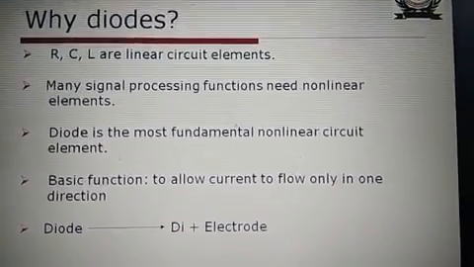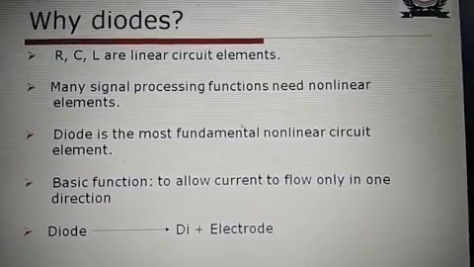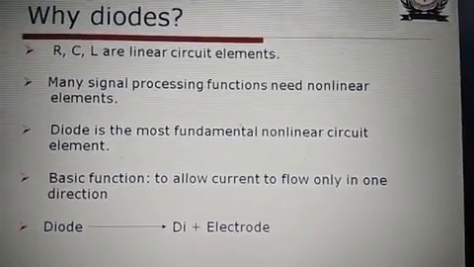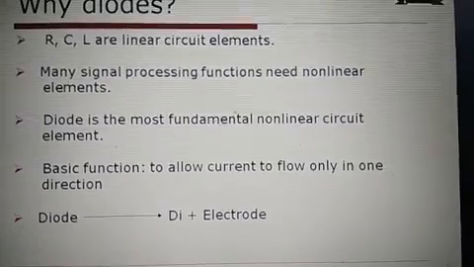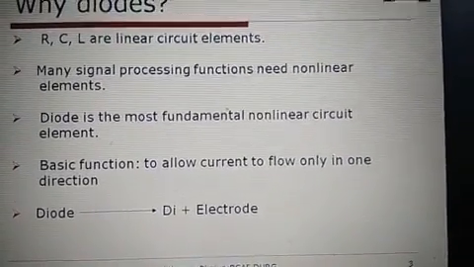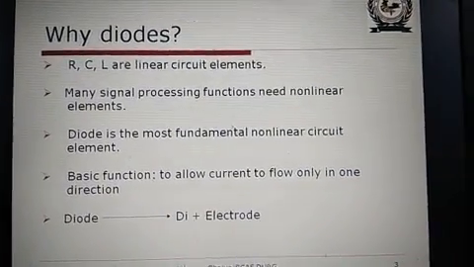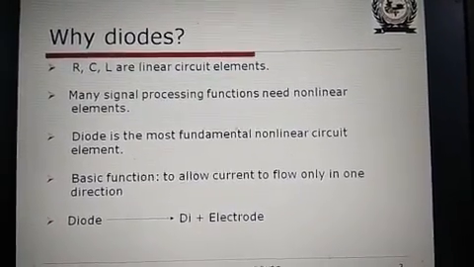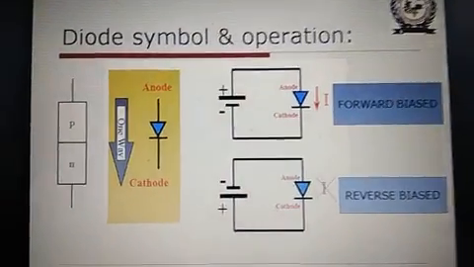So what is the basic idea? Other components like R, C and L are linear components, while some processing functions require non-linear elements also. So the diode is a non-linear element, and that can later be used for precision or precise linear functions.